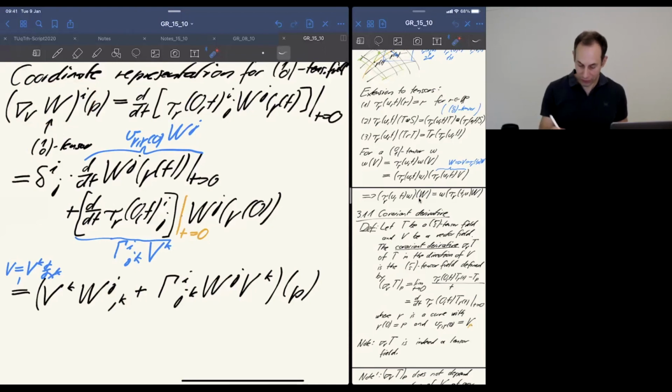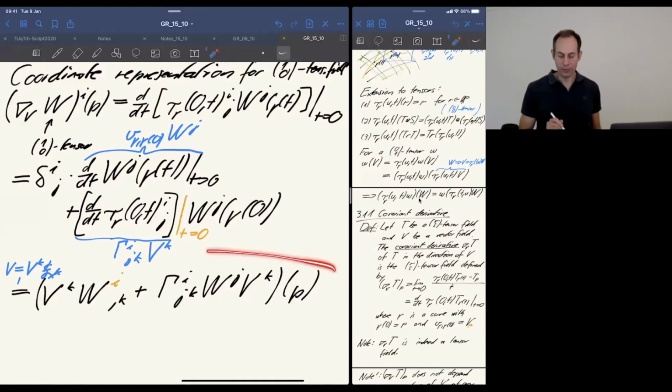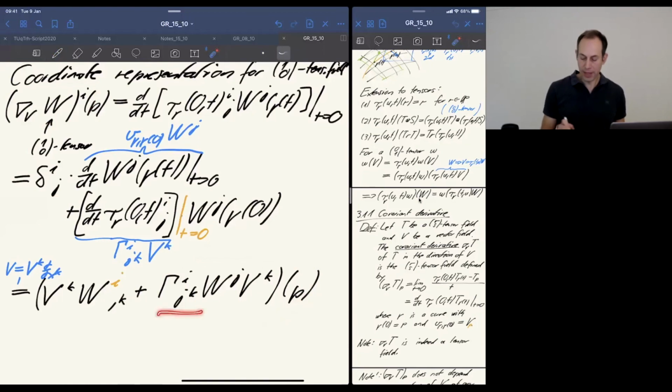But here we see that the covariant derivative is different. Oh, I just noticed an error here. I've forgotten to apply this delta here. So this j should be transformed into i, of course. So it's the i's component. This is just by applying the delta function that I had before. But you see here, there's a second term. And this second term depends on this parallel transport that we introduced in the tau map.